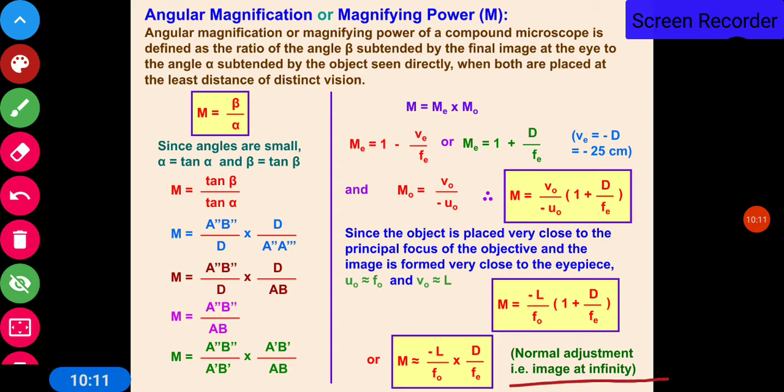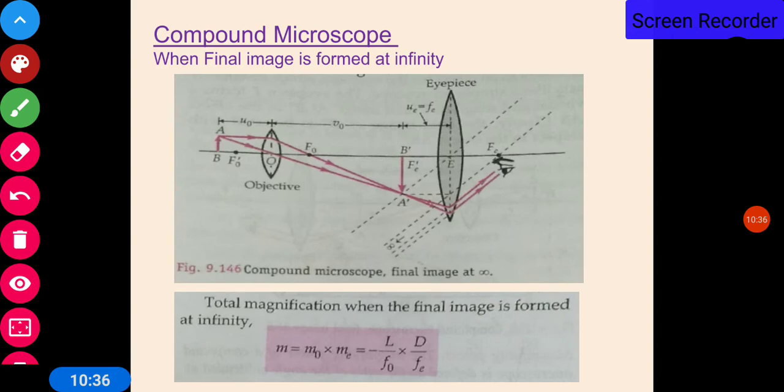Now what is the normal adjustment? When the final image is formed at infinity. So when the final image is formed at the least distance of distinct vision, then M is equal to minus L upon F naught into 1 plus D upon FE, and when the final image is formed at infinity, the same formula reduces to M is equal to minus L upon F naught into D upon FE. And now in that case the ray diagram will be like this.